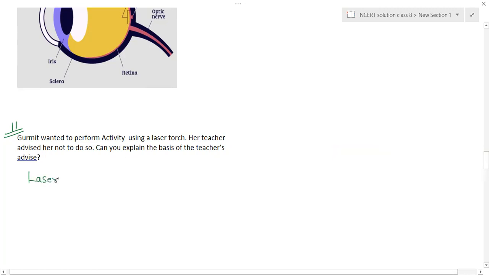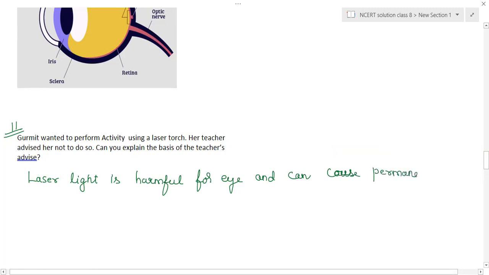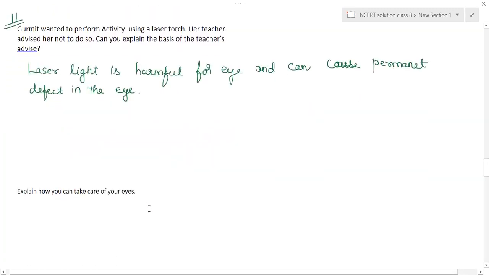Laser light is harmful for the eye and can cause permanent defect in the eye. Laser lights are harmful.